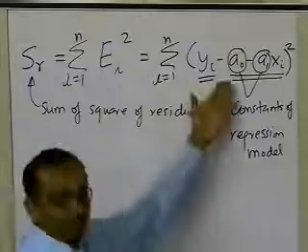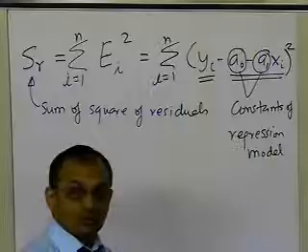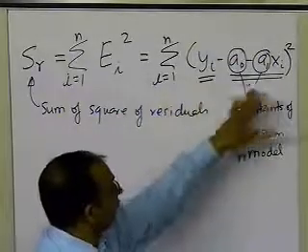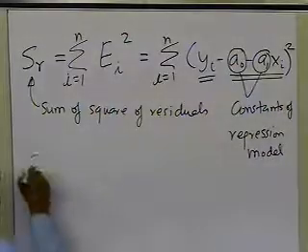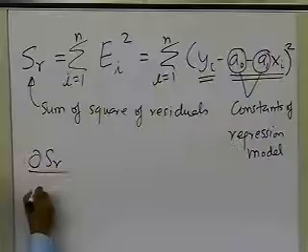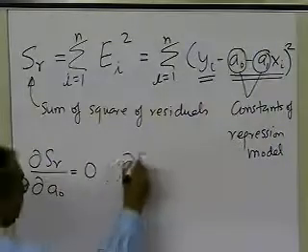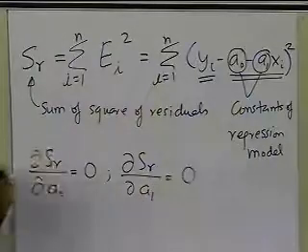So what that means is that we have to take derivatives with respect to a0 and a1, put those equal to 0, going back to your differential calculus class, to minimize this summation here. So I'll take the derivative of the sum of the square of the residuals, SR, with respect to a0, put that equal to 0, take the derivative of SR with respect to a1 and put that equal to 0.